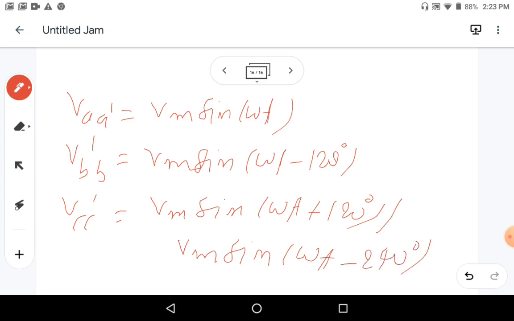That means this represents a forward traveling wave. So the curve is traveling. So in three phase the flux is rotating.